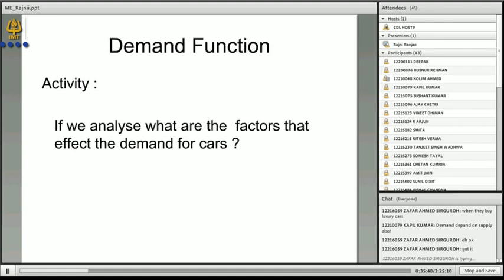Now, there is some problem. Just give me one moment. I think we have already done this demand function. Then we are going to now discuss what is law of demand.